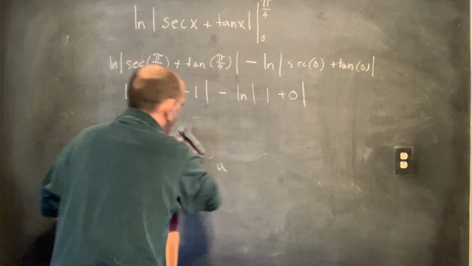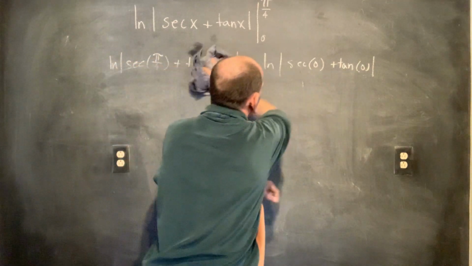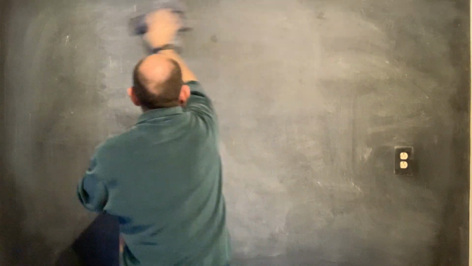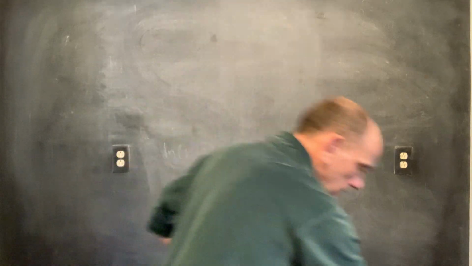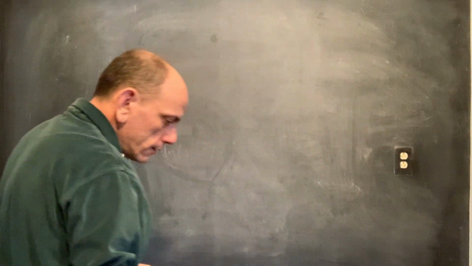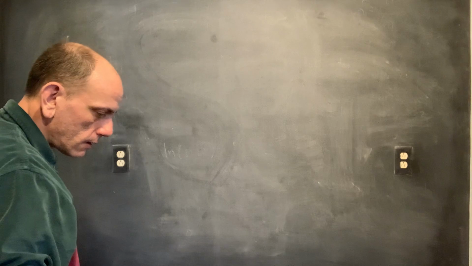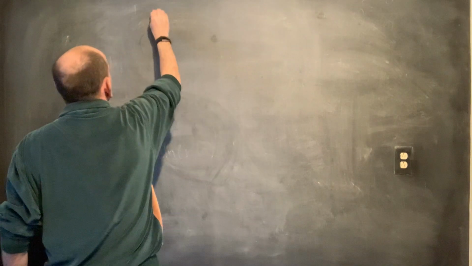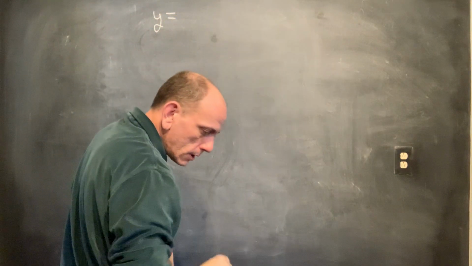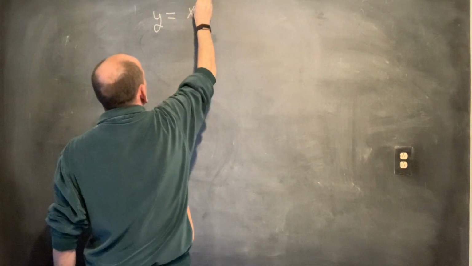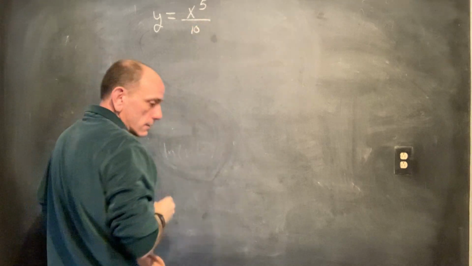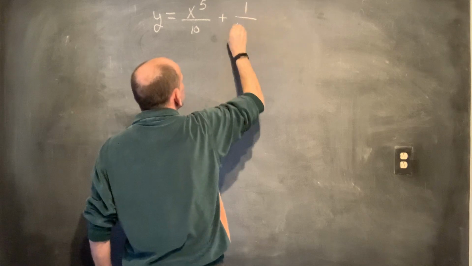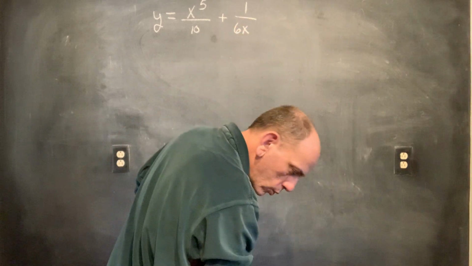Let's try. How about y is equal to x to the 5th over 10 plus 1 over 6x cubed.